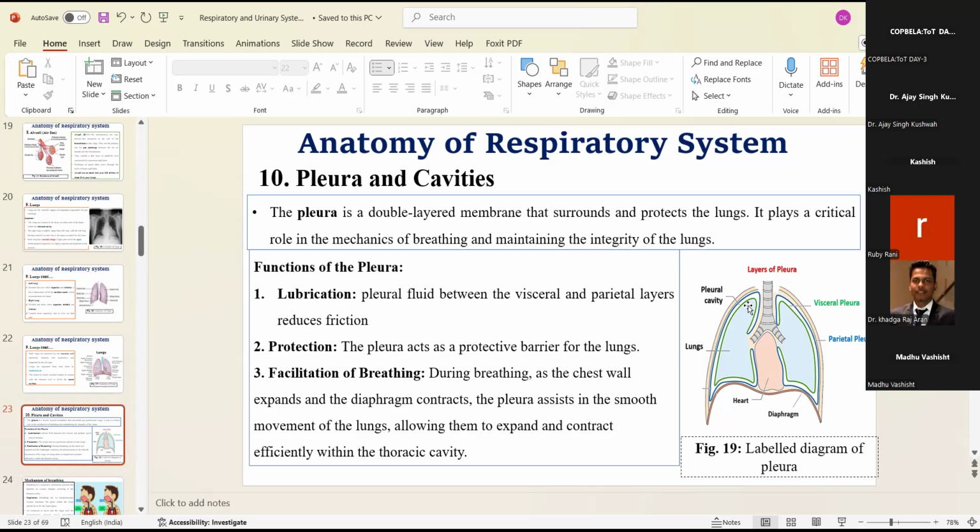During breathing, our chest wall expands and the diaphragm contracts, so the pleura assists in the smooth movement of the lungs, allowing the thoracic cavity to expand and contract. These are the functions of the pleura, and this is very important from the exam point of view also, because it consists of two layers that surround the lungs.